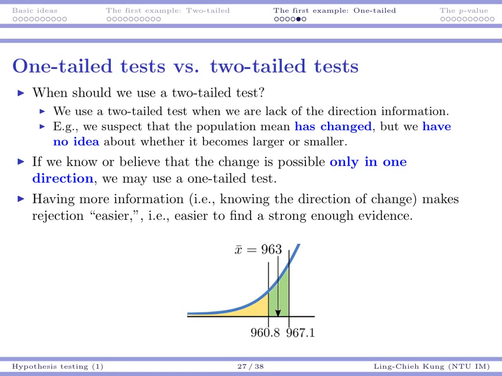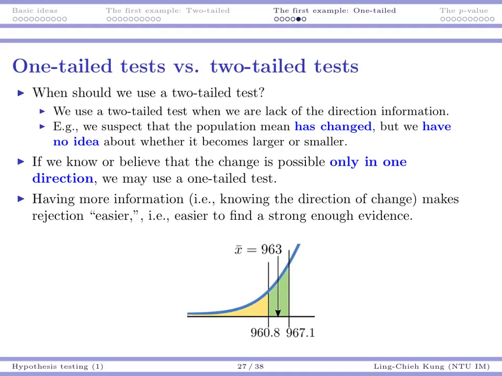Now it's time to compare one-tailed tests with two-tailed tests. One thing that as researchers we need to know is when we should use a two-tailed test and when we should use a one-tailed test. We use a two-tailed test when we lack direction information.